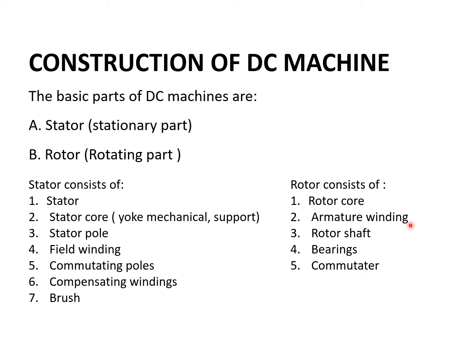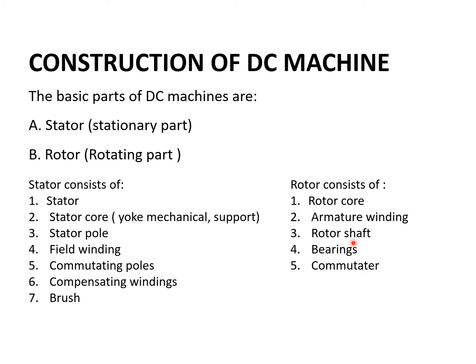In the lap connection, the conductors are divided into parallel paths equal to the number of field poles, and for the wave connection, conductors are divided into two parallel paths.